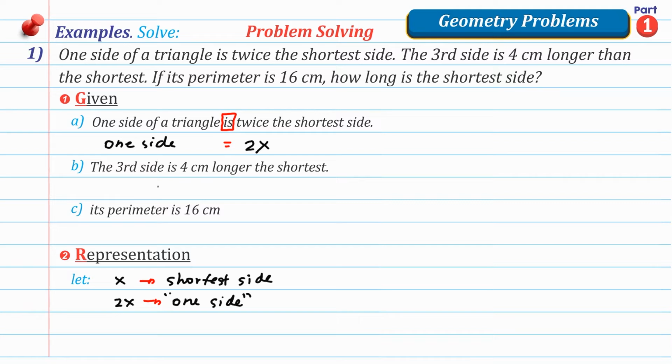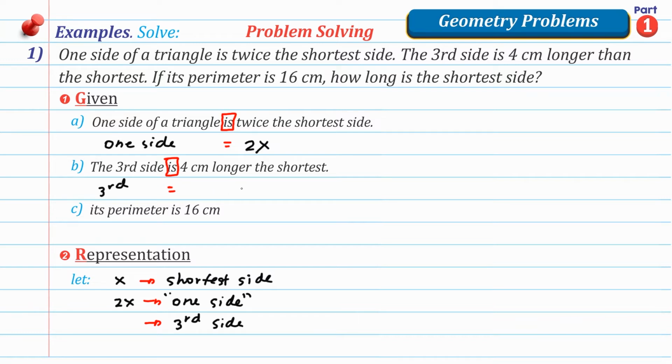Next, the third side. Take note, we are talking about a triangle here, so meron tayong tatlong sides. Now, we have to represent also the third side. According to the second given, the third side is, ayan na naman, we have the word is, which means yan yung equal sign. So, lalagyan ko dito, the third side is, ano daw yun? 4 centimeters longer than the shortest.